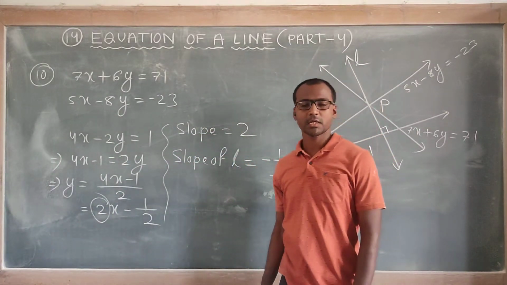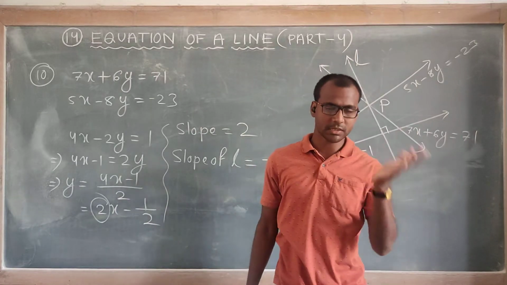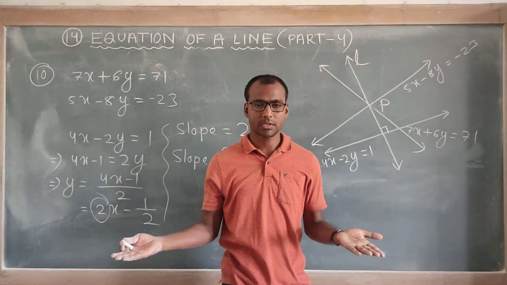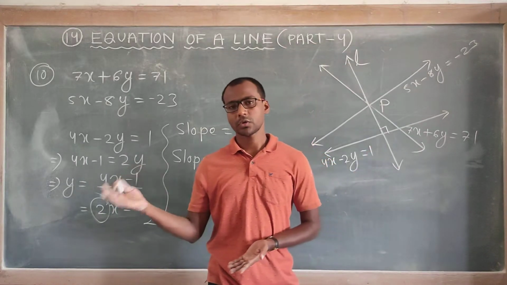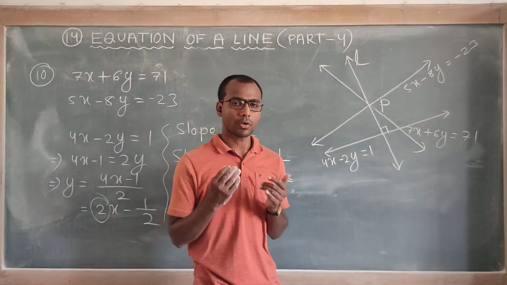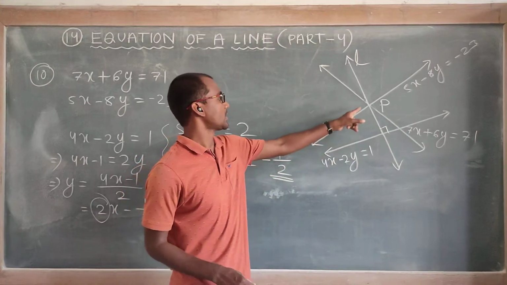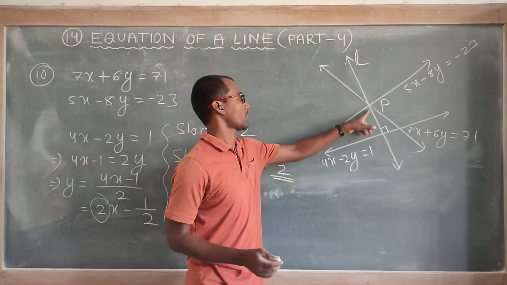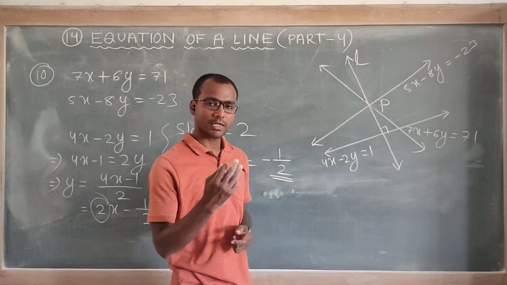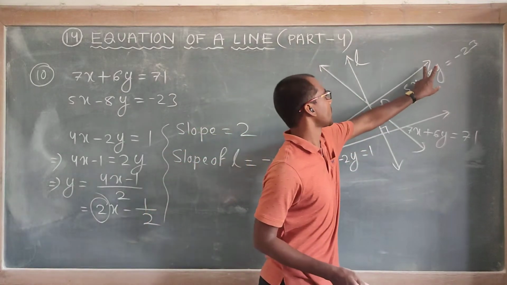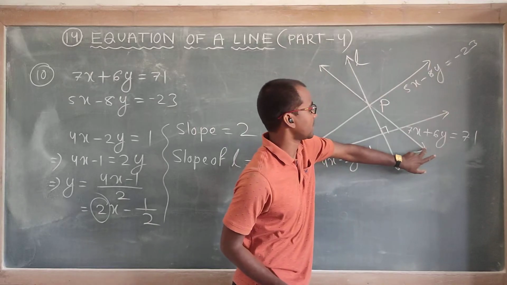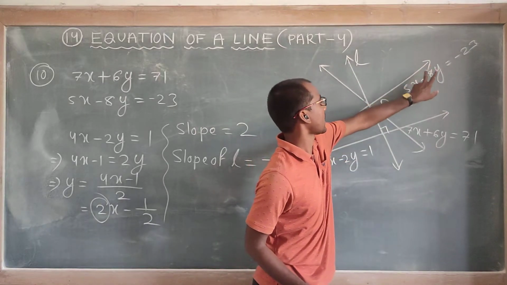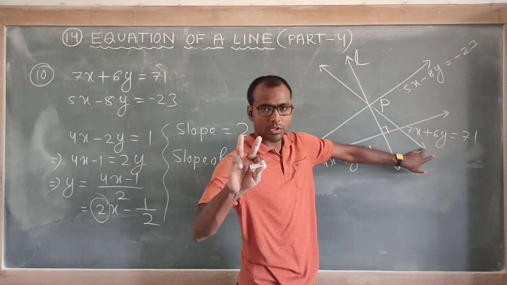Simply the slope is not sufficient. We need either the y-intercept or one point, then only we can use the slope-intercept formula or the slope-point formula. So now we are going to target one point, that is P. How can we get the coordinates of point P? From these two lines whose equations are given.